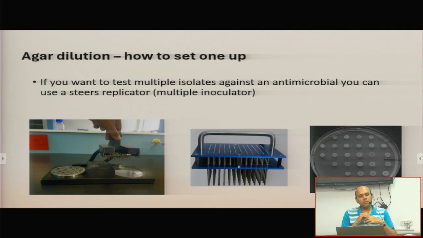In the agar dilution method, you have different plates with different concentrations, generally 0.1, 0.2, 0.4, 0.8, a doubling concentration.